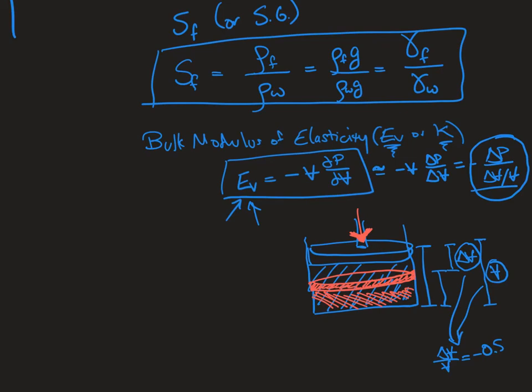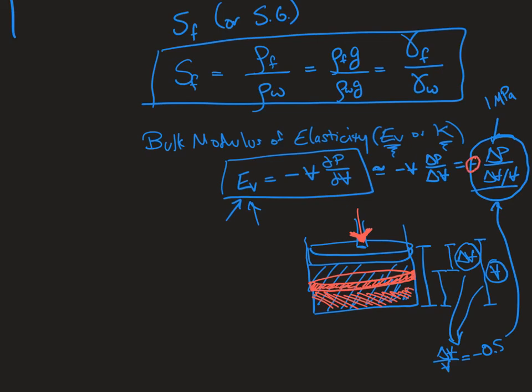So then what this delta P here says is how much more pressure did I have to add to this system to make that happen? Let's suppose I added, I don't know, 1 megapascal. Then if I plug these numbers in up here, the negative cancels with this negative that's already there, which is nice and convenient.